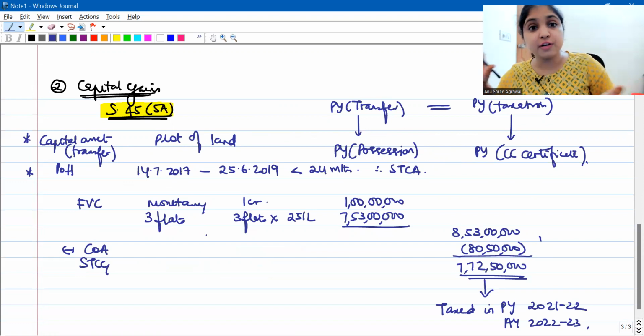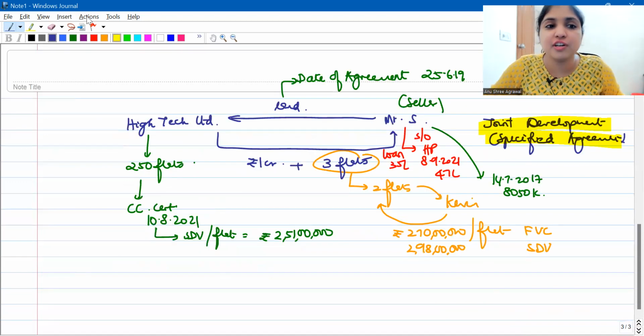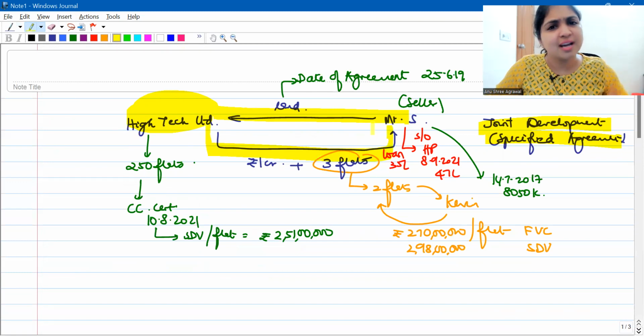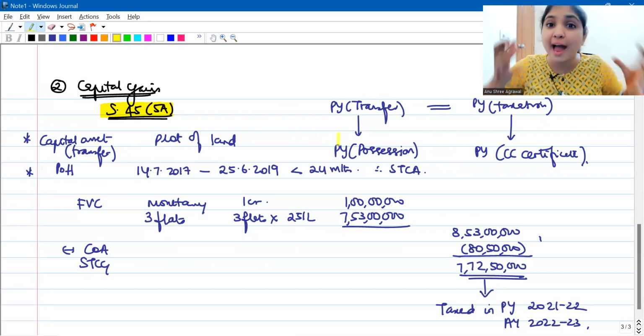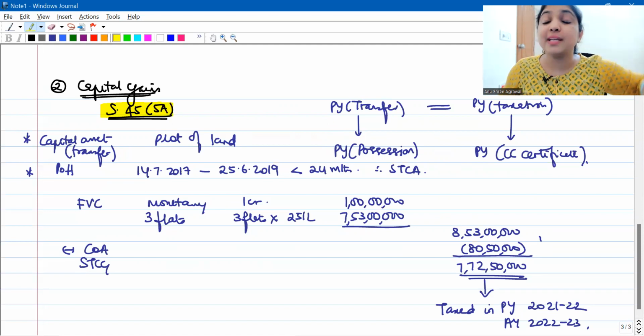For the transferor, for Mr. Sakshar, capital gains will arise, because it is as if Mr. Sakshar is transferring his land to the real estate development company, and in return he is getting consideration. A classic transfer this is. 45(5)A says transfer will happen in the year in which we hand over our property to the real estate development company, but these capital gains will be taxed only and only in the year in which the construction completion certificate is received.